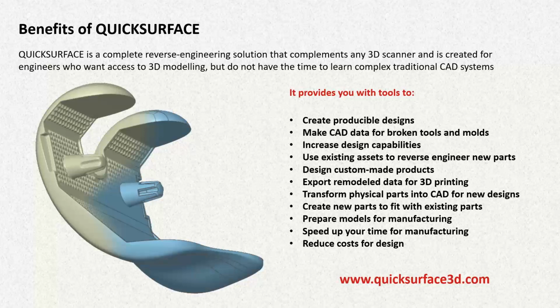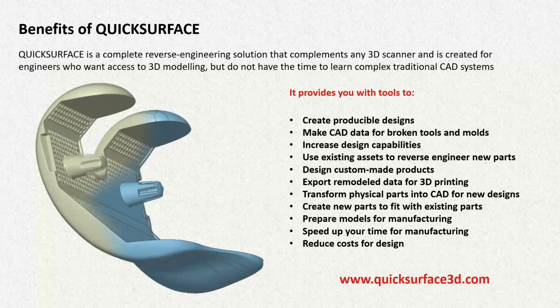You can modify existing CAD models, and you can compare something that you have scanned against your existing design. And with all these simple tools, you can speed up your time for manufacturing.